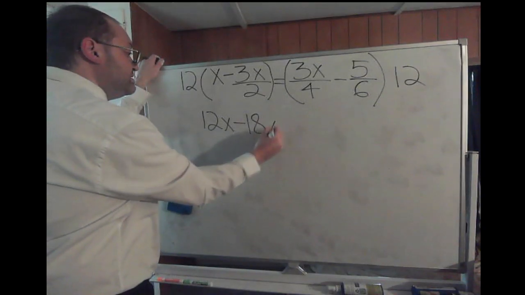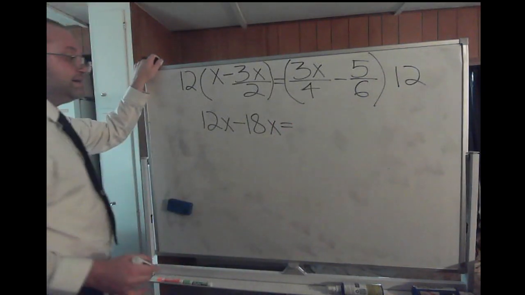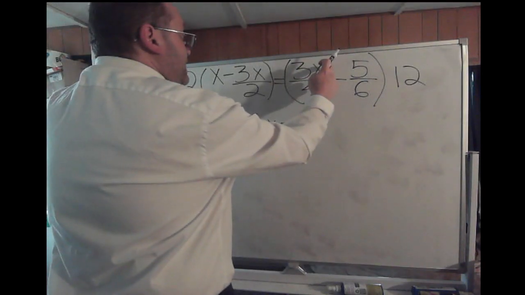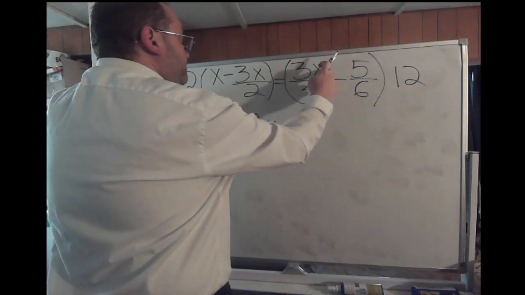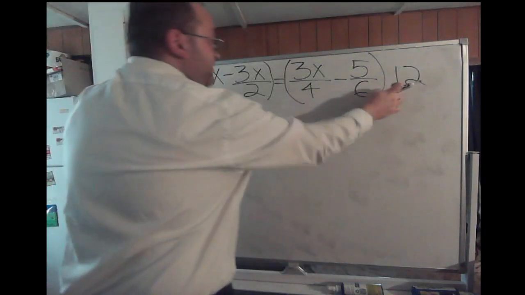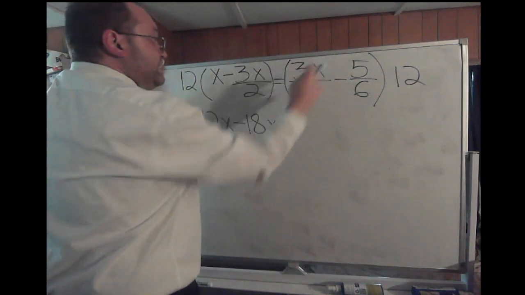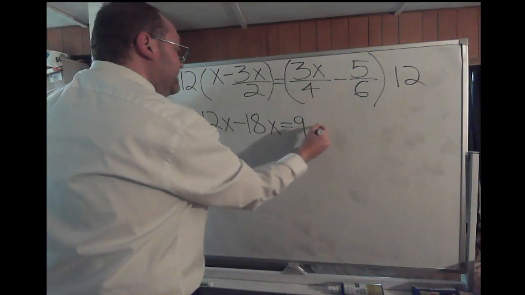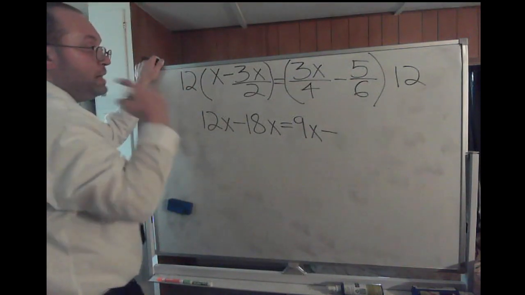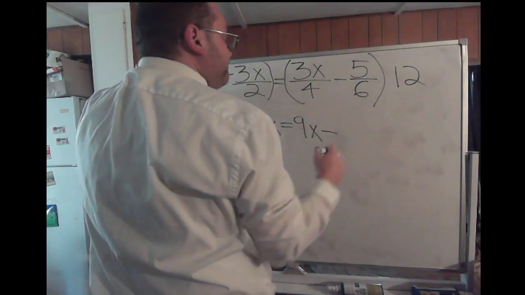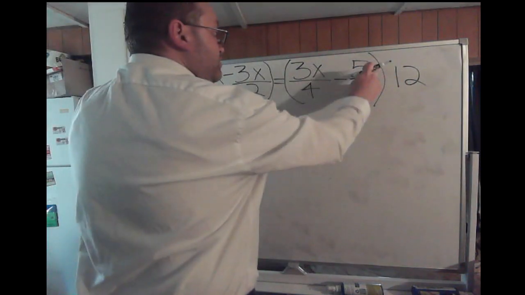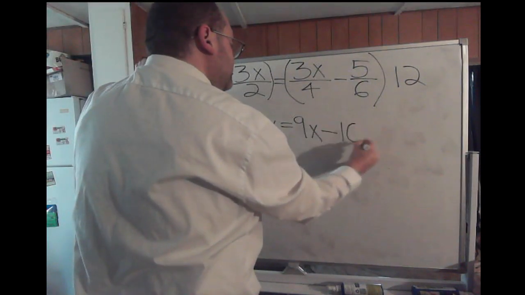So far you've got 12x minus 18x is equal to, let's see, you have 3x over 4 times 12. Well, 12 divided by 4 is 3. You'd have 3 times 3x, which is 9x, minus, okay, you've got 5 over 6 times 12. 12 divided by 6 is 2, so minus 5 times 2 is 10.